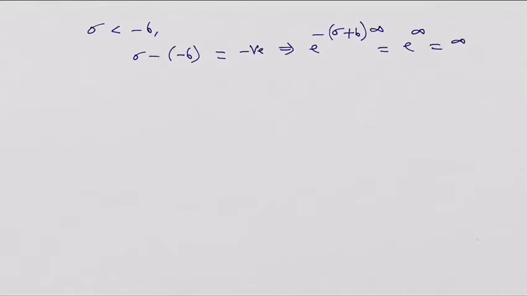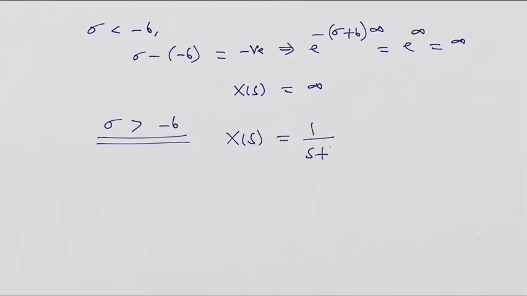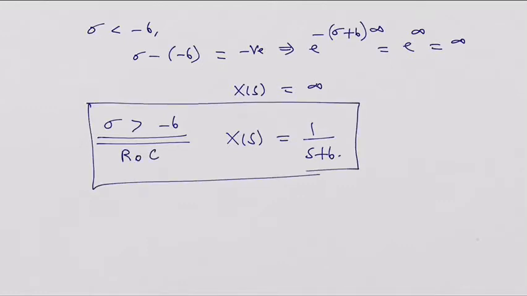So you cannot have X of s, because everything else will become infinity. That's why I say sigma greater than minus 6 is the condition for the existence of X of s, and X of s will become simply 1 divided by s plus 6. This is called the region of convergence, where the value of X of s will exist, as 1 divided by s plus 6.